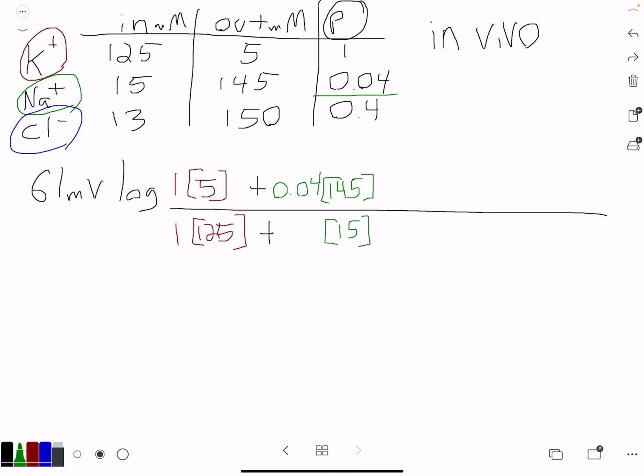Relative to how much potassium can get through, which is the most permeable because it's got the 1, sodium is not very permeable at all, 0.04. Not much sodium gets through the membrane at rest. These are the specific numbers for our neuron at rest. These numbers would be very different if we were calculating the concentrations and permeability during an action potential.